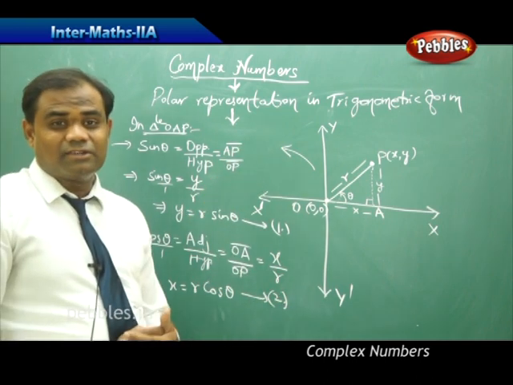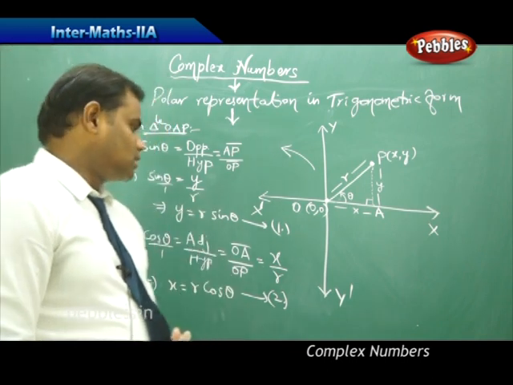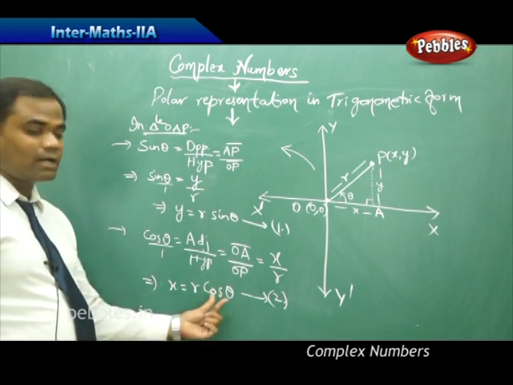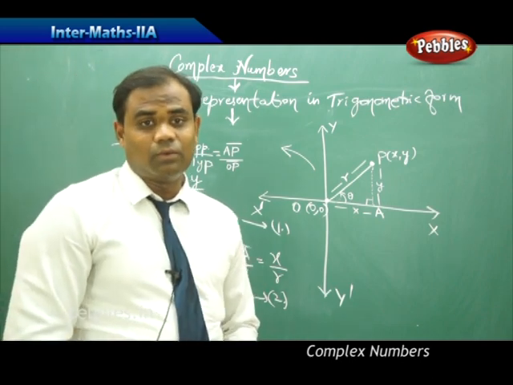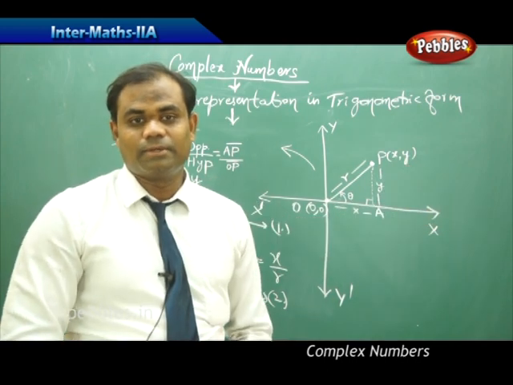So I have obtained the values of x and y in terms of r and theta, which are the polar coordinates. So the Cartesian coordinates are connected with the polar coordinates as x equals r cos theta and y equals r sin theta. Let's see how the polar representation is done in trigonometric form, to be continued.